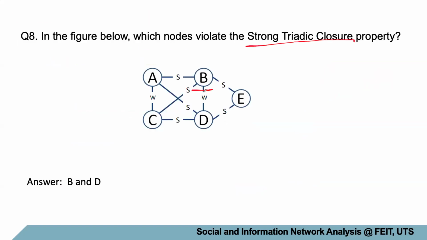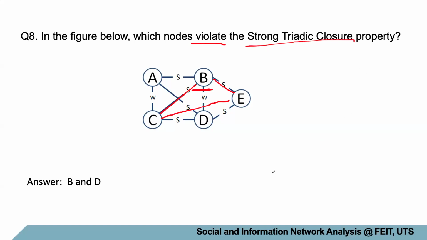So for B, we can see B has two strong ties, BC and BE. There should be an edge CE, but in this graph, it doesn't have this edge. That's why we say B violates the strong triangle closure. It doesn't satisfy this property.